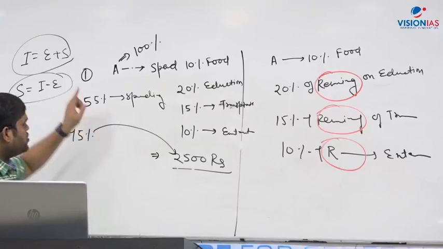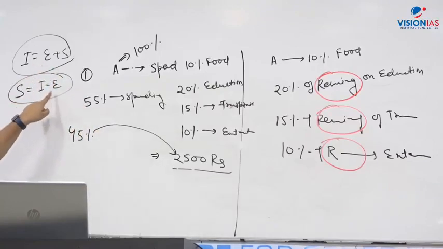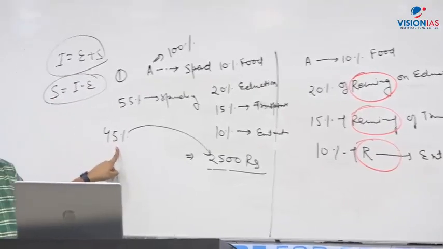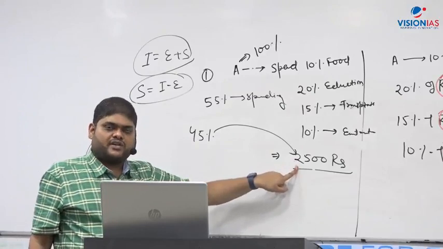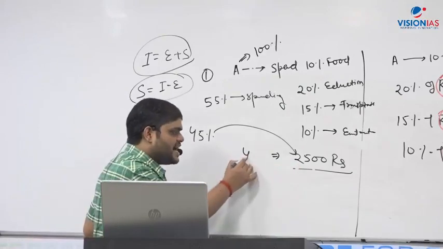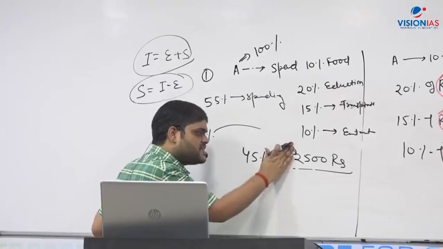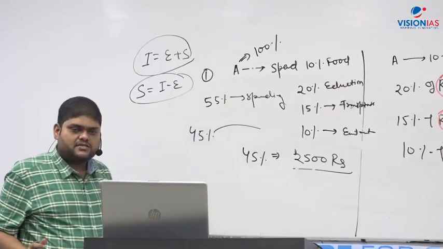So saving is 45%, and they have given the saving as 2,500 rupees. That means 45% is 2,500 rupees.